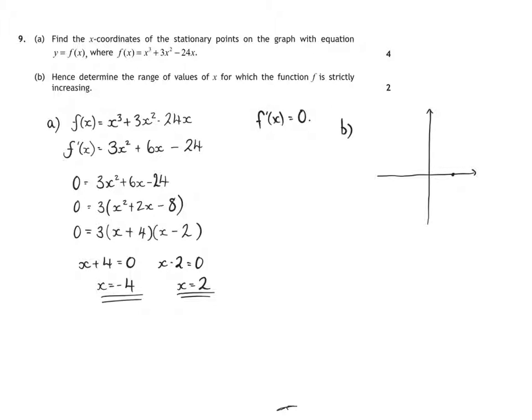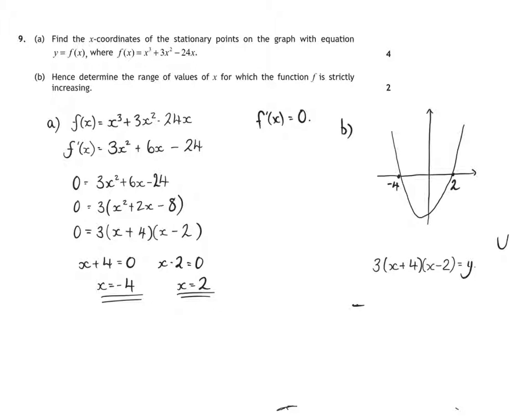So this parabola is 3 times x plus 4, x minus 2. That's what we're drawing. So we're going to have 2, we're going to have minus 4. Because our x squared is positive, we know the shape is going to be a U shape. Okay, so if we sketch this graph of the gradient, we know that the gradient is going to be greater than 0, which means it's going to be increasing.